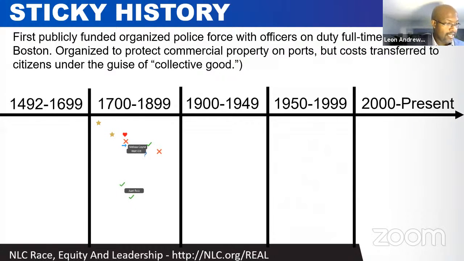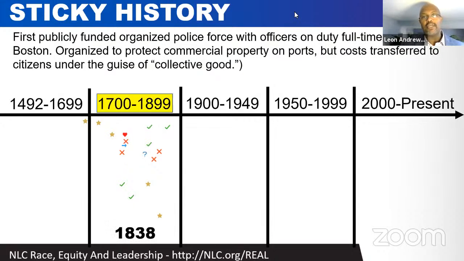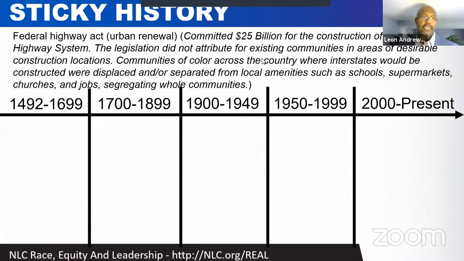A majority of you are falling into the 1700s to 1899. Okay, that's impressive. It was 1838. 1838 is when the first publicly funded organized police force was created. Most of you fell into that space.